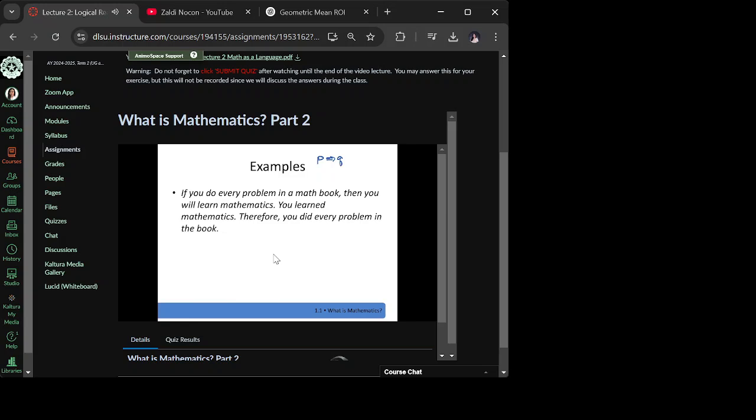You learned mathematics. That would be Q. Therefore, you did every problem in the book. That's P. This is a fallacy of affirming the conclusion. Now, how can you fix this?